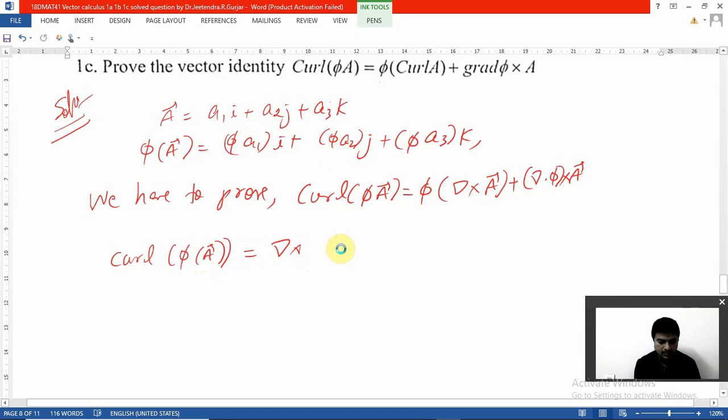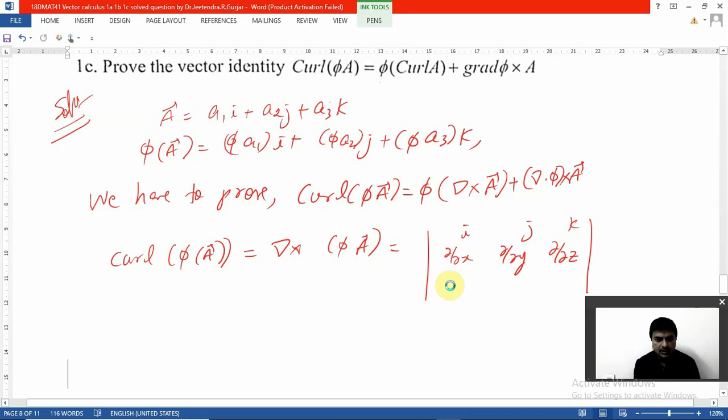As already told you, curl is nothing but del cross product. So cross product means what, students? Please remember, it is the determinant i j k, with del upon del x, del upon del y, and del upon del z. Is it clear? Now you can see what is f1, f2, f3.